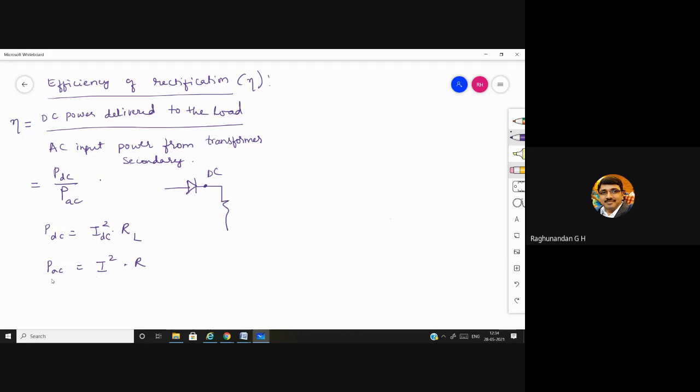But for the AC input power, we will write the current in terms of RMS. The current coming from the transformer secondary, the IRMS current, needs to oppose many resistances at different levels. At the initial level, what is the resistance offered by the transformer secondary? Secondary resistance RS.